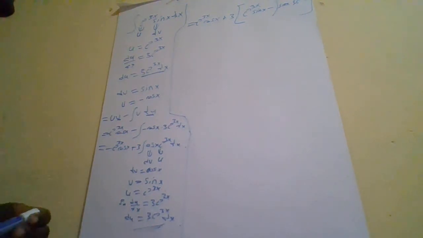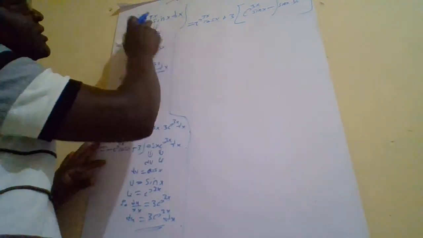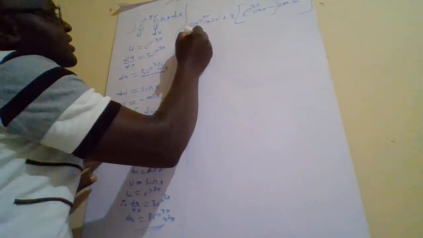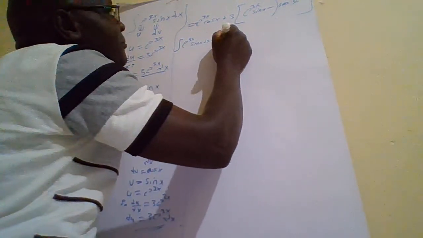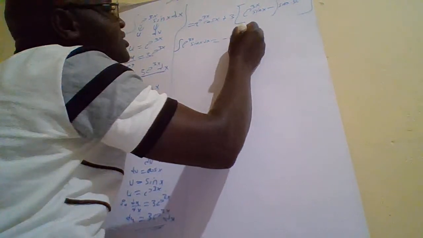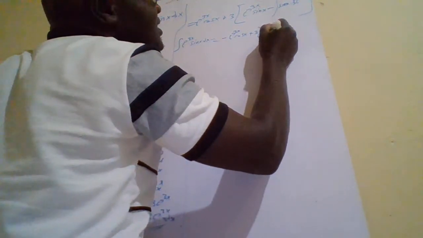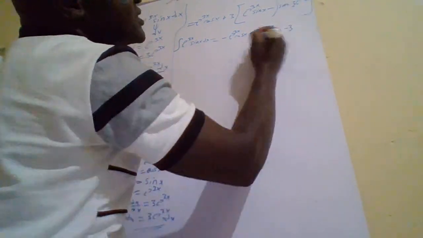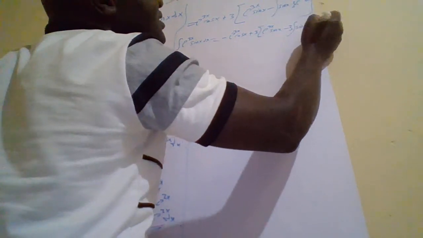Now, you can do the rearrangement a little bit. Remember we are integrating this. This is the one equals to this, so we shall say we have the integral of e^(3x) sin x dx equals to this, which is minus e^(3x) cos x, then plus 3 into e^(3x) sin x, then we take out the 3, so minus 3 because it's a constant, into the integral of sin x e^(3x) dx, close the bracket like that.